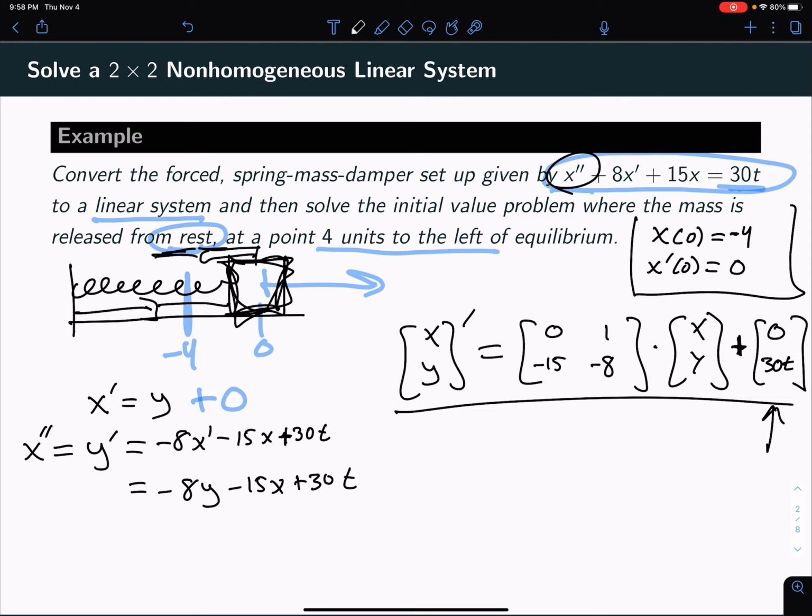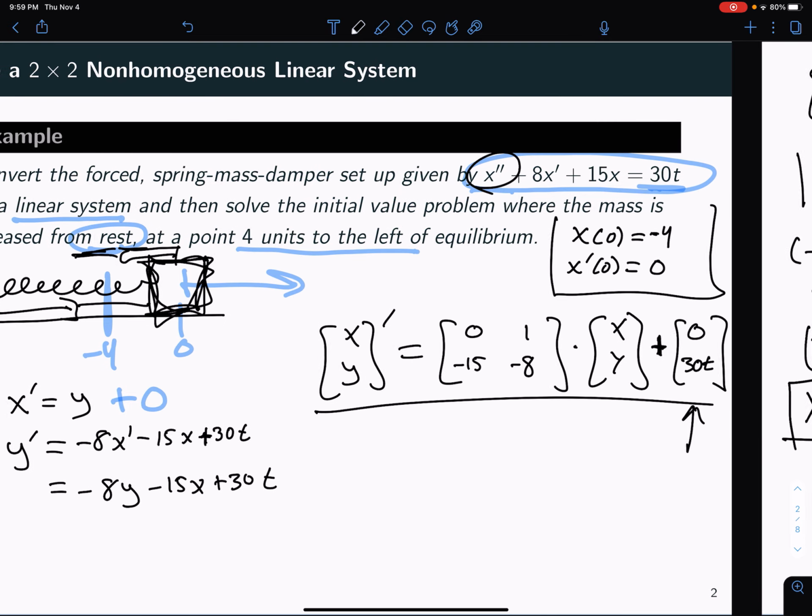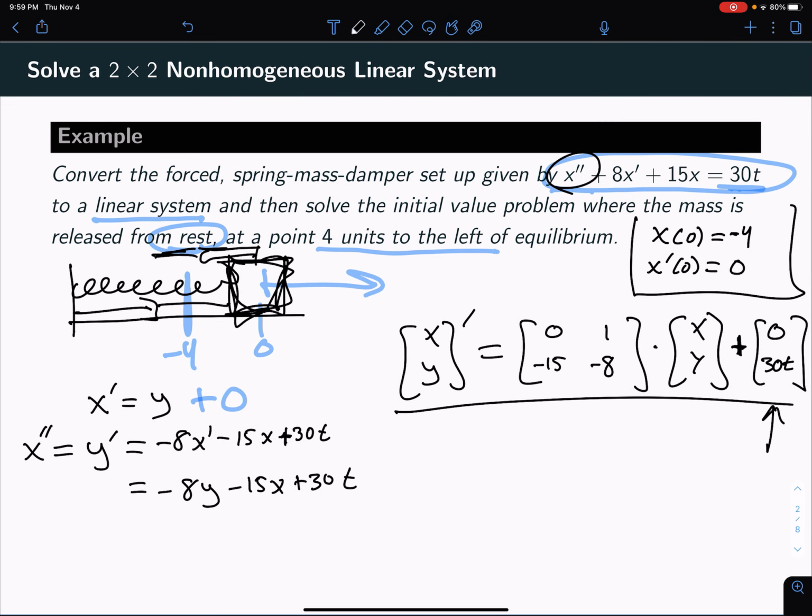So if x double prime is equal to 30t, that means, essentially, y prime is equal to 30t. We're going to have something like, essentially, x prime, y prime equals matrix times xy plus 0, 30t. We have to pick something here so when you differentiate it, that's the same as taking this times this, and then you add a t here.